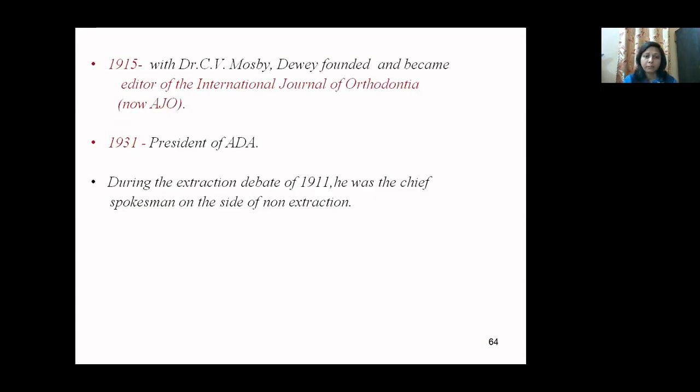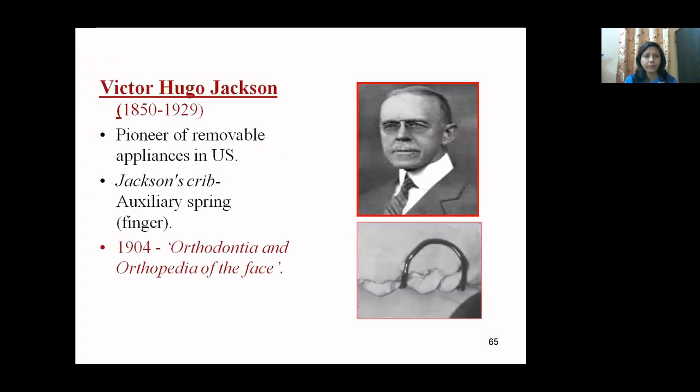In 1915, with C.V. Mosby, Dewey founded and became editor of the International Journal of Orthodontia. During the extraction debate of 1911, he was the chief spokesman on the side of non-extraction.